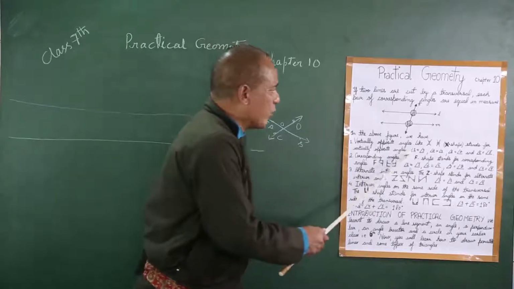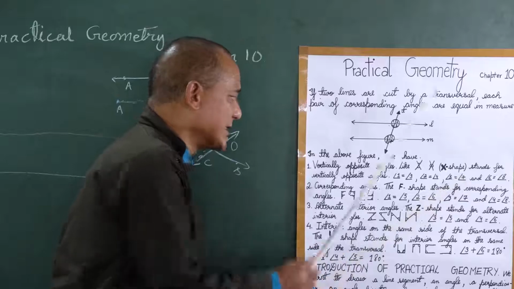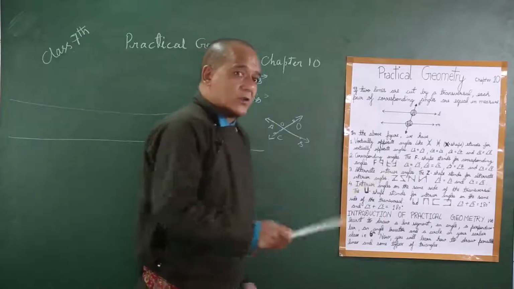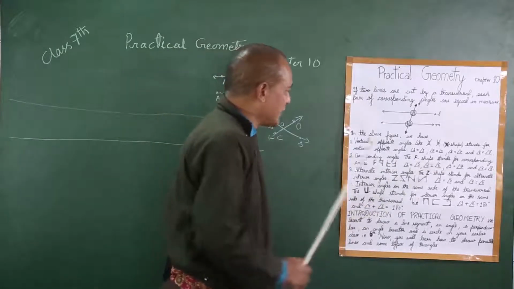Once I explain one pair or a second pair, I think it will be easy for you to understand these things. Now the second one, corresponding angles. When you are talking about corresponding angles, the F shape stands for corresponding angles.